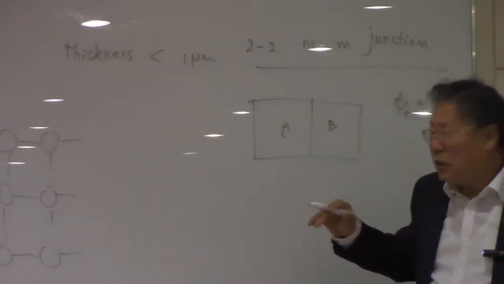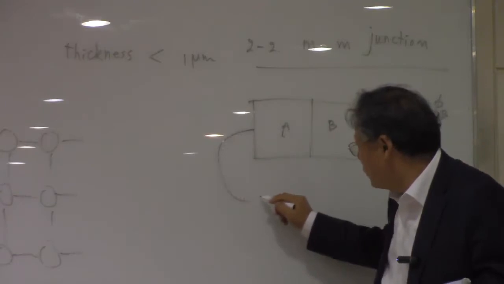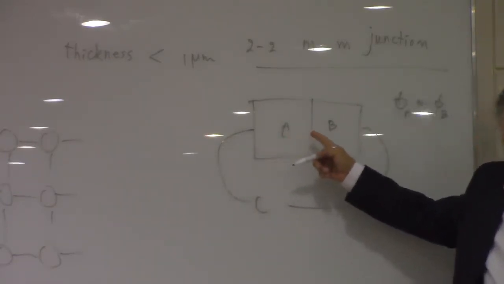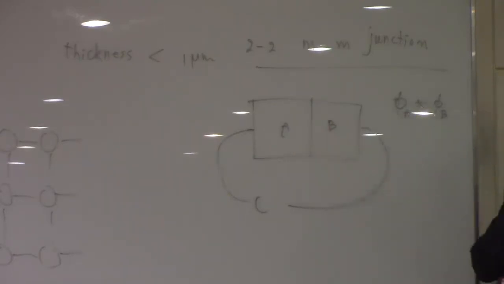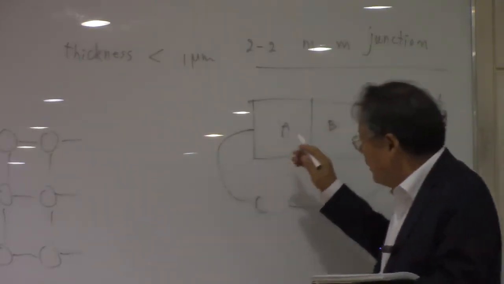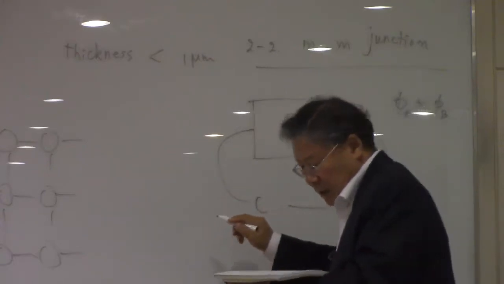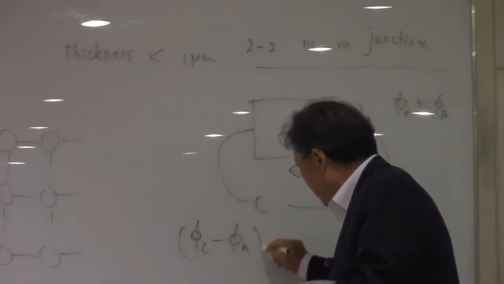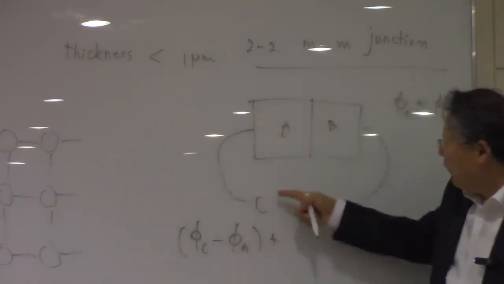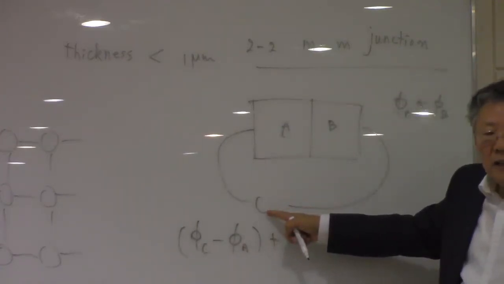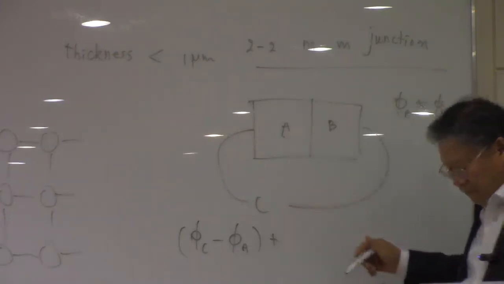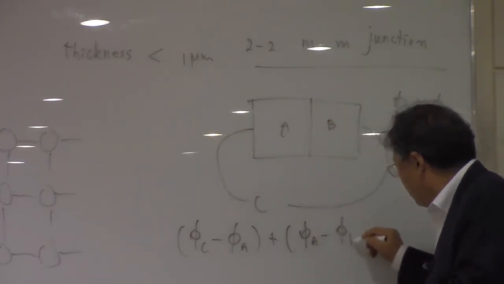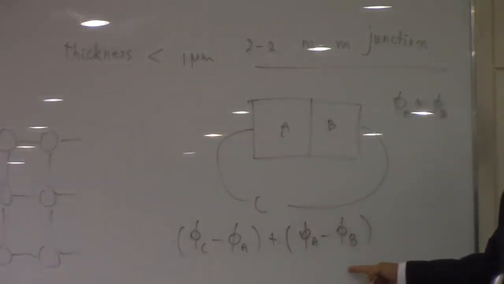Besides, we cannot measure that, because if you use a metal C to measure the difference between work functions A and B, then, as has been written in the text, what we can see is the potential phi A. That is the work function difference between the electrical lead C and A. And we are going to have a work function difference between the two materials that we want to measure.